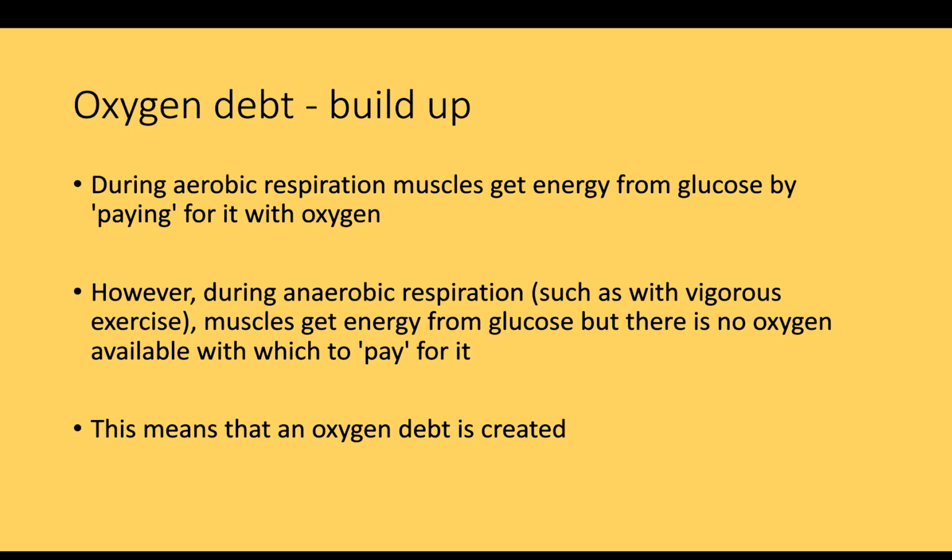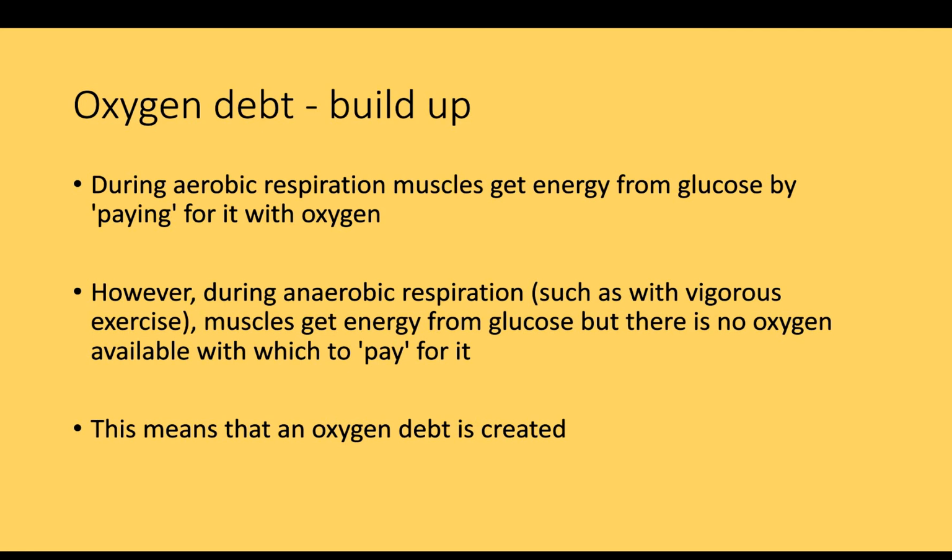The oxygen is being used as a kind of down payment for the energy. However, during anaerobic respiration, such as with vigorous exercise, when there is no oxygen, the muscles still need energy, and they still get their energy from the glucose, but there's no oxygen available with which to pay for it. So we build up something called oxygen debt.